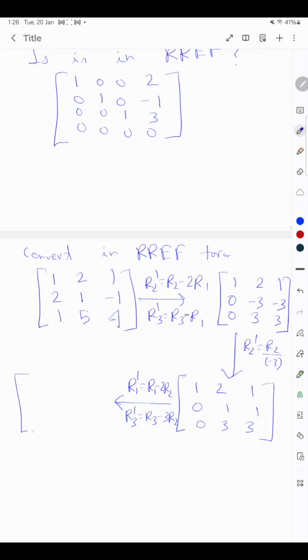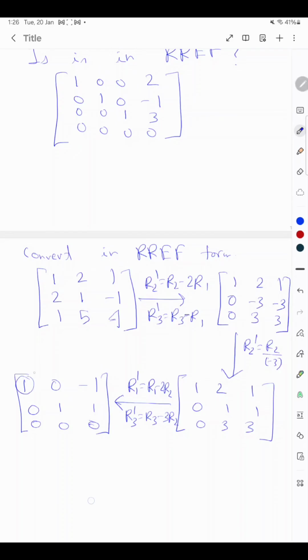If you do this, what you have is 1 0 1, 0 1 1, 0 0 0, right? This type of thing you are getting. So this is done. Now check whether this is in RREF form or not.